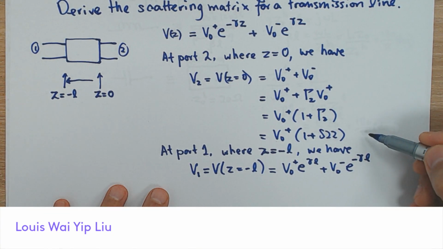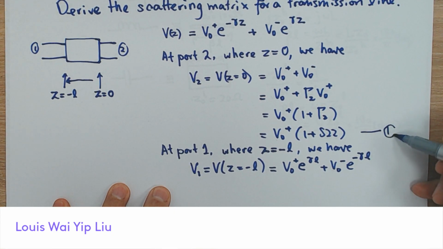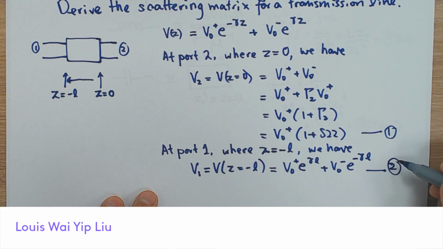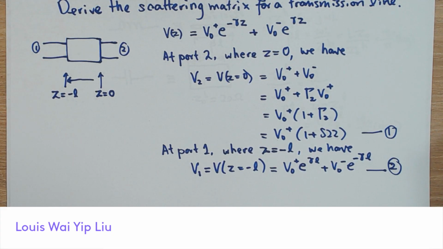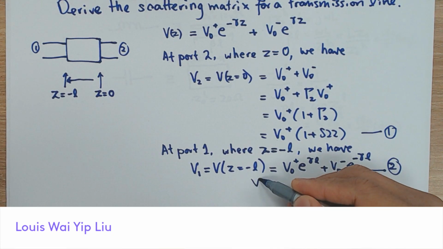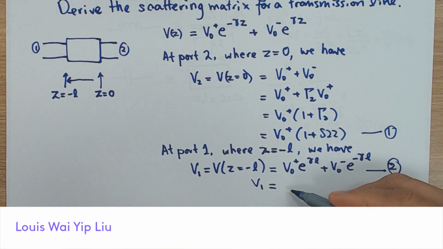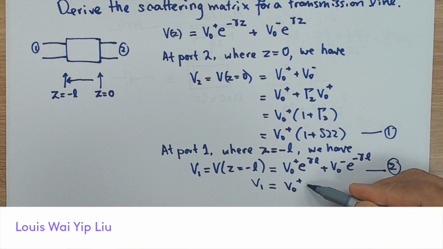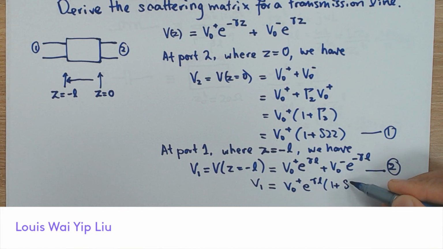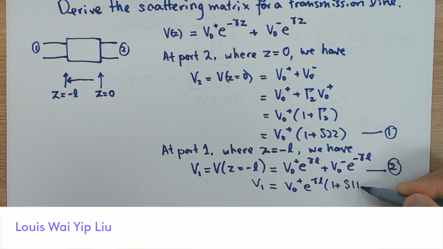So let's say this is equation 1, and let's say this is equation 2 or whatever. And equation 2 can be further summarized as, let's say, we do this as 1, 1.